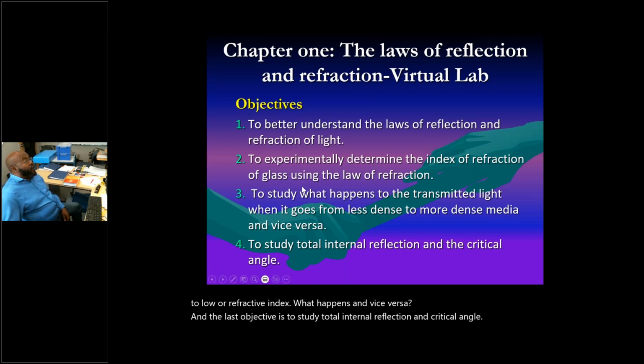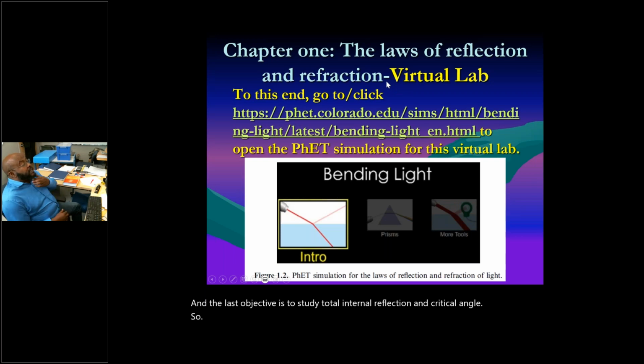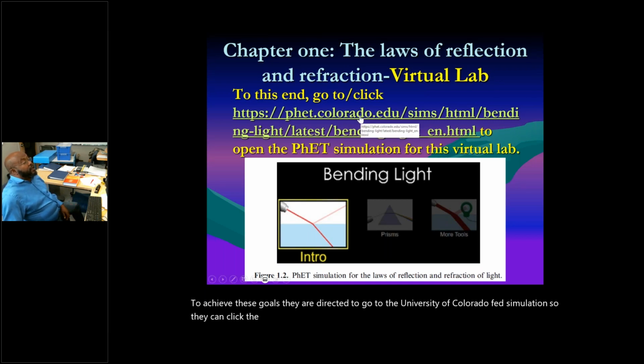So to achieve these goals, they are directed to go to the University of Colorado PhET simulation. They can click the link that's provided in the book, or they can copy it and paste it into their browser.